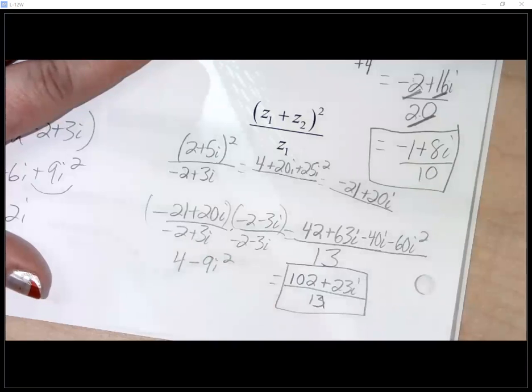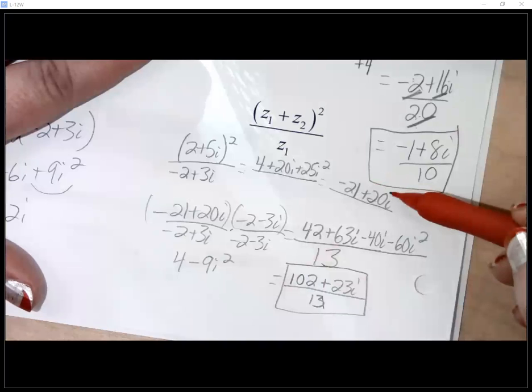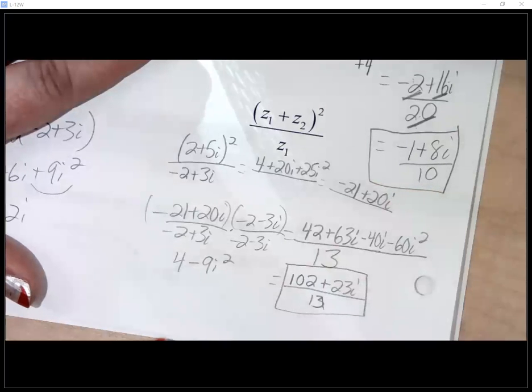If you end up with still having an i in your denominator, then you know, oh, I messed that up. Maybe I didn't multiply by the conjugate. Yes. Mine came out wrong. Oh, yes. Yeah, it can be frustrating.